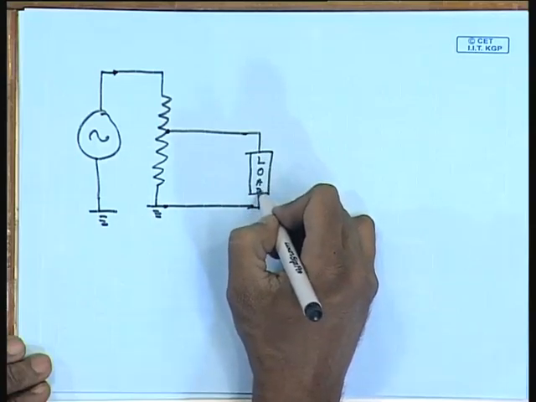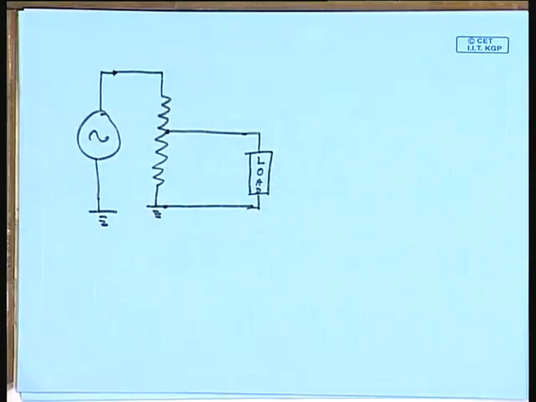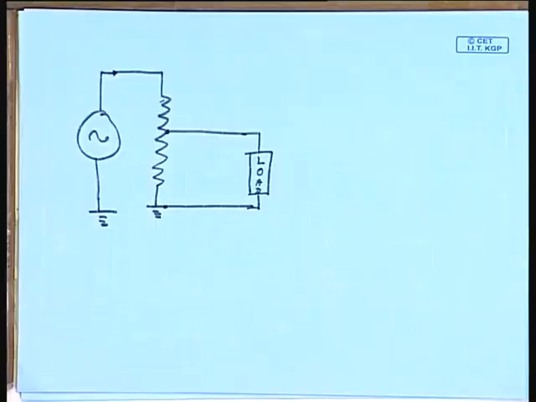Well, it can work only for stepping down the voltage. Of course, you can understand it is not possible to increase the load voltage above the supply voltage. Not only that, there will be continuous power loss in the potential divider resistance. So, this is not very efficient.